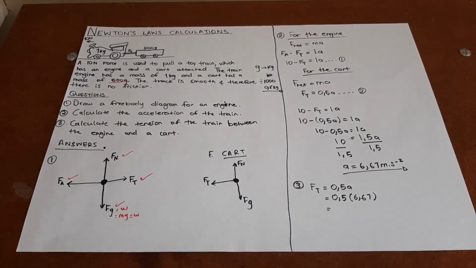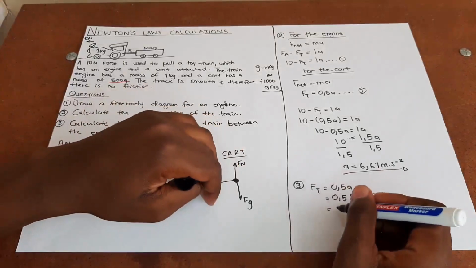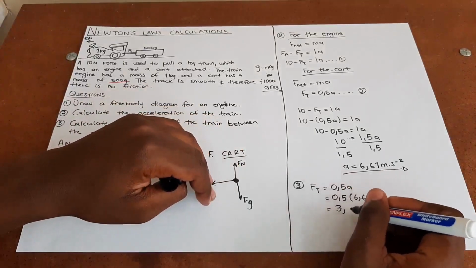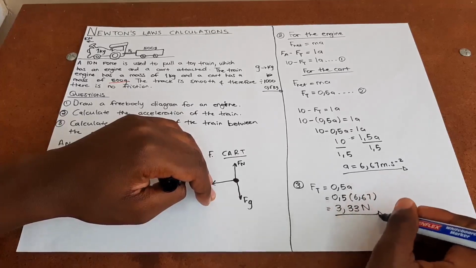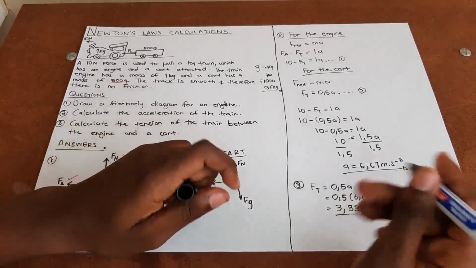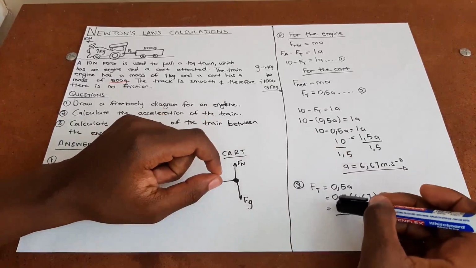Multiply by 0.5 is equal to 3.3333, so our tension force is 3.33 newtons. And mind you, how did I receive my 3.33?